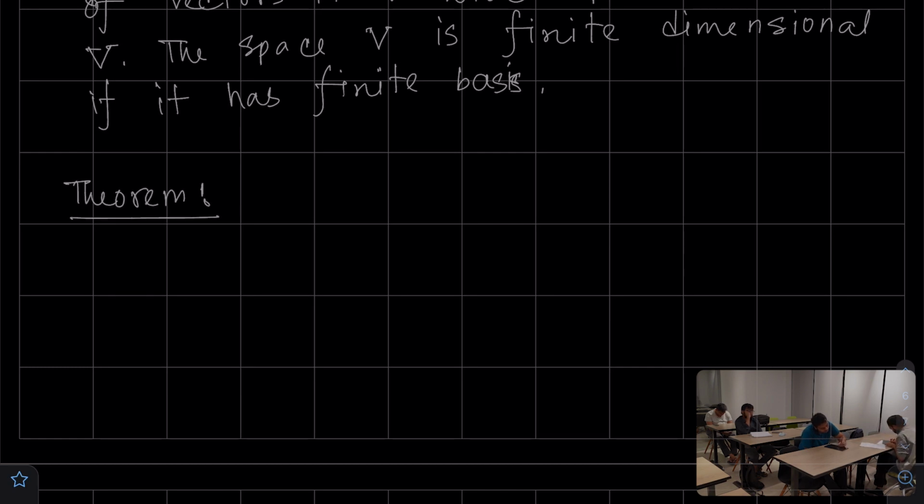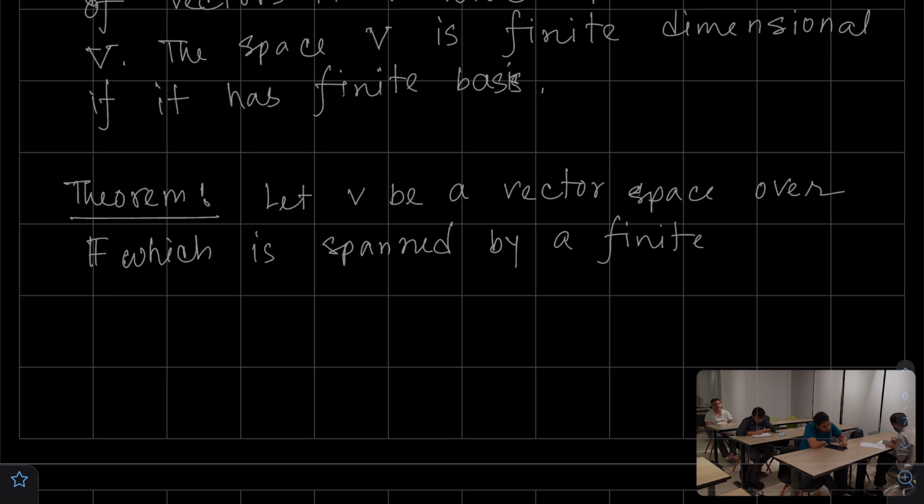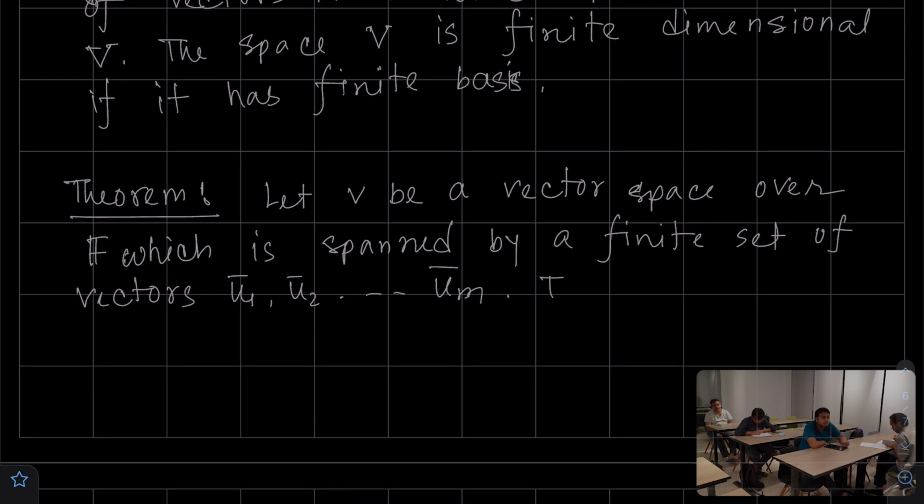Let me state it here. Let V be a vector space over F which is spanned by a finite set of vectors u1 vector, u2 vector, um vector.